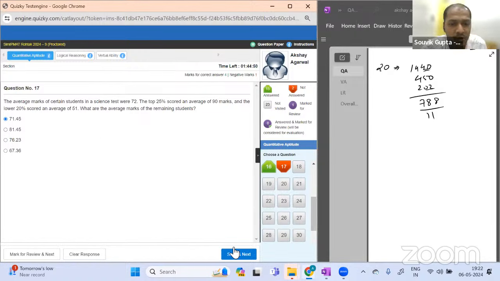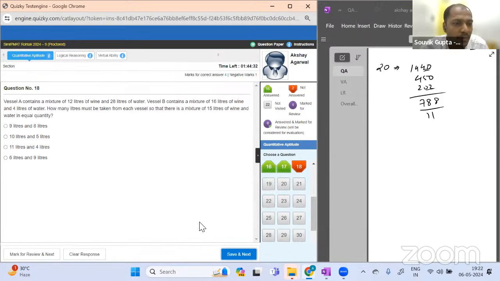There's only one option. I'm hoping that I've done the calculation correct. 1440 minus 650, 790, 13 minus 6 is 7. Okay, 71 point something.